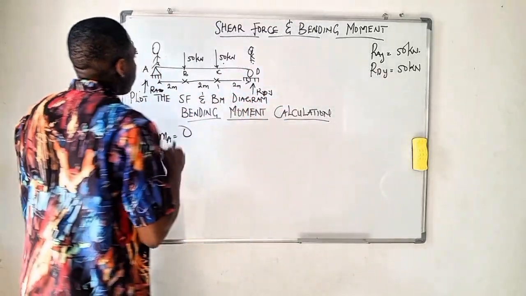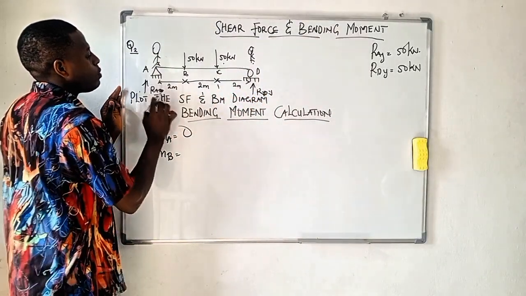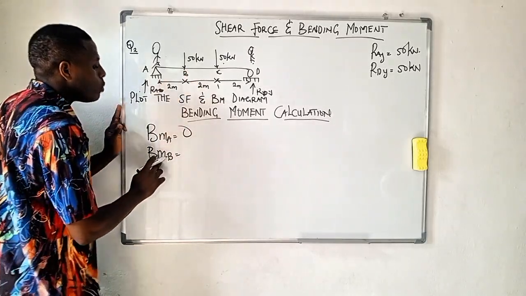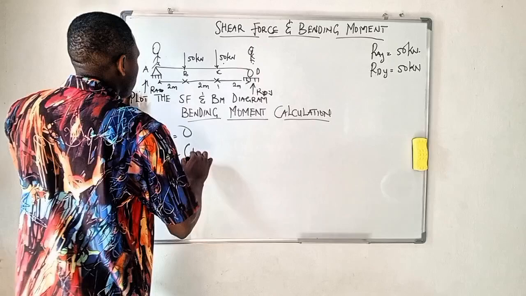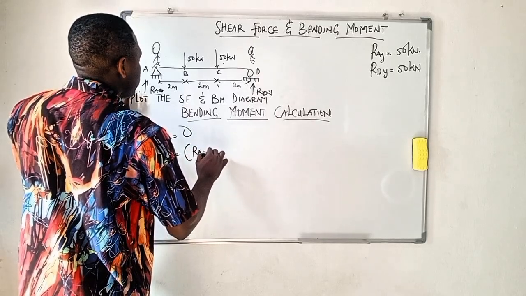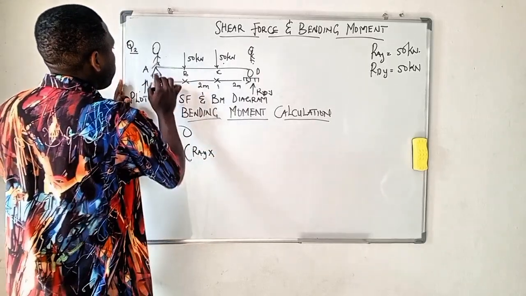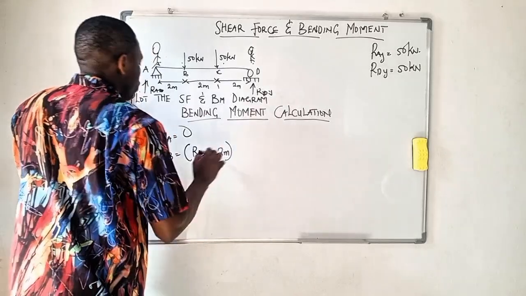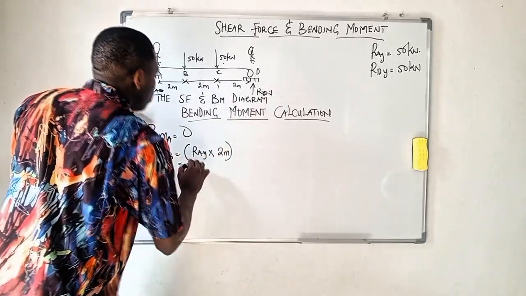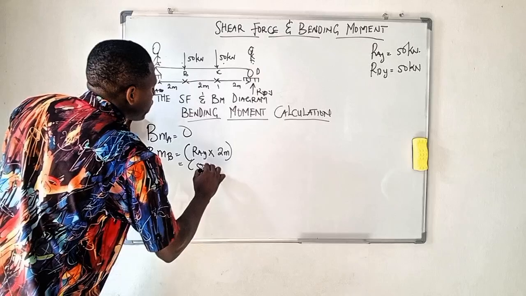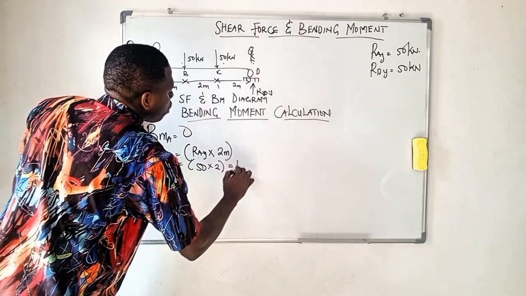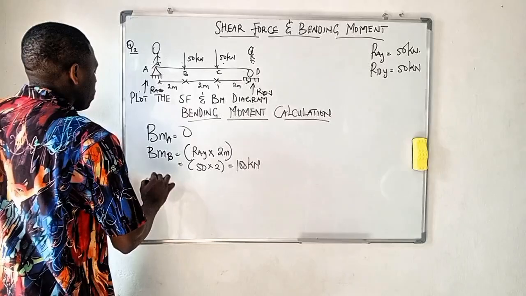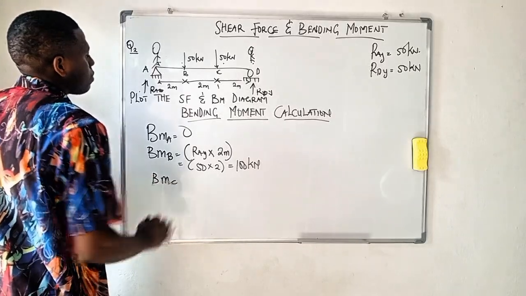So bending moment at point B is Ay times the distance from this point to this point, 2 meters. We basically have 50 times 2, which is 100 kilonewton meters.